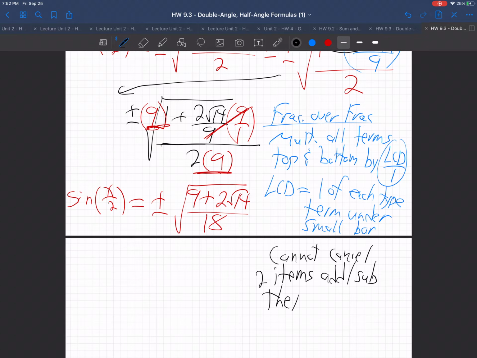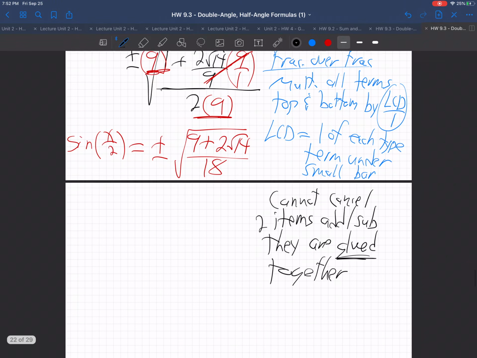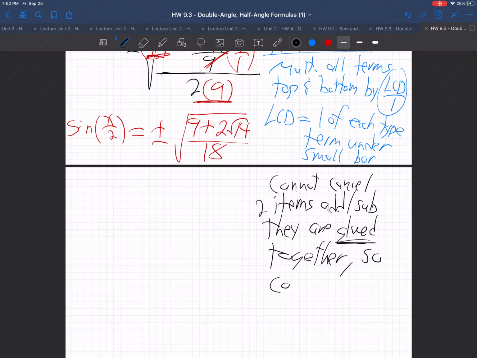They are glued together, so you cancel both or neither, right? You can't break the bond. That's my Costco rule. You can't go to Costco and they have two milks glued together and just cut it with your scissors and say, thanks, I just want one. You can't do it. If you want to buy at Costco, you buy the whole package or you buy nothing.